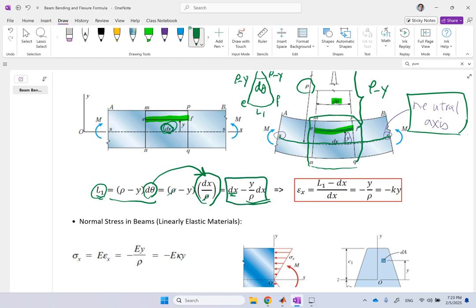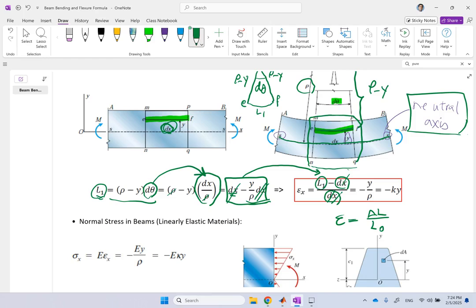So if I want the normal strain, remember normal strain epsilon was what? It was delta L over initial L. So delta L is L final minus L initial divided by L initial. And if I plug in this L1 here, okay, those two dx's would cancel. And then this dx with this dx would cancel.